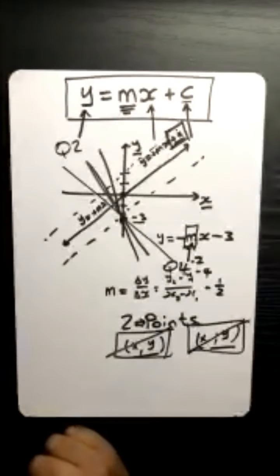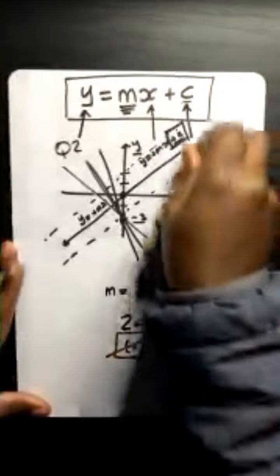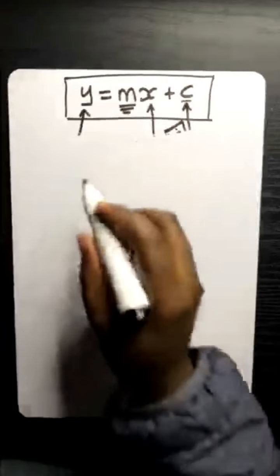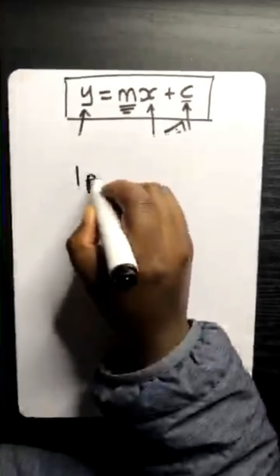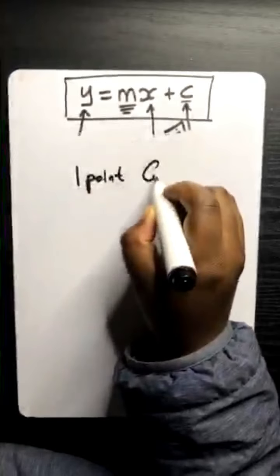It is not at all times that you might be given 2 points. Cindy, sometimes the examiner can try to be clever and give you 1 point and a gradient.